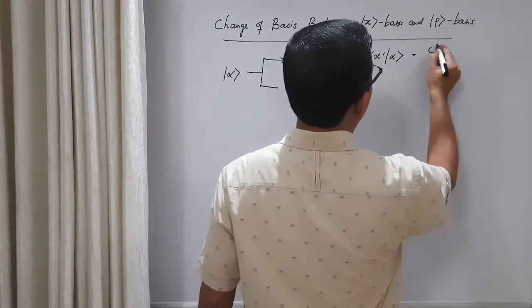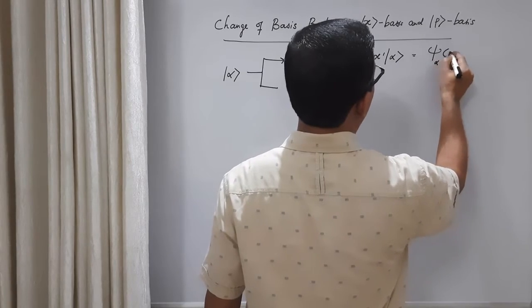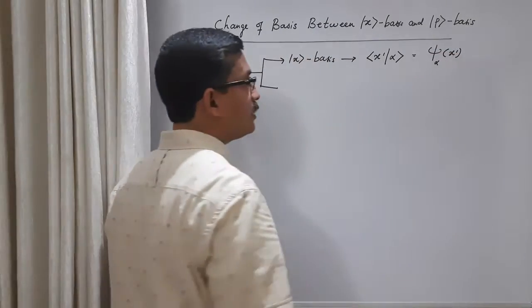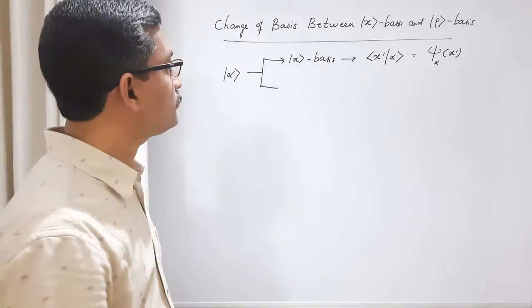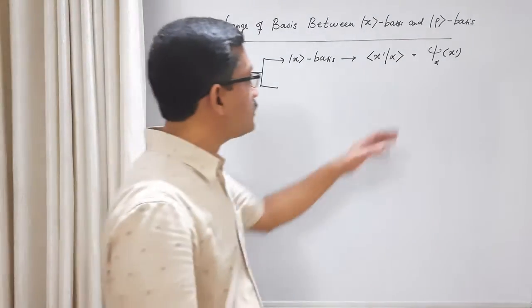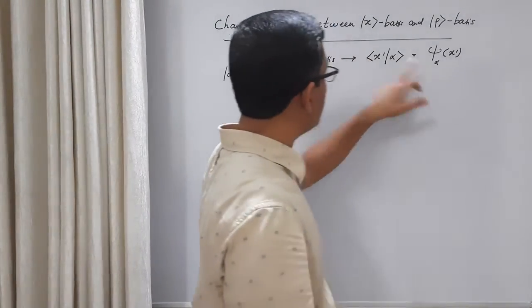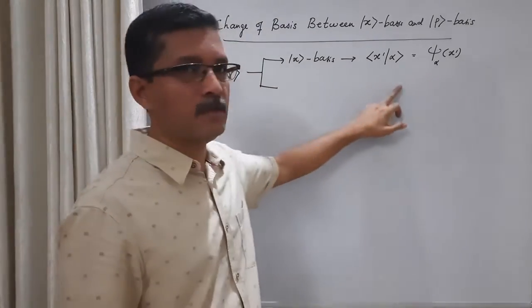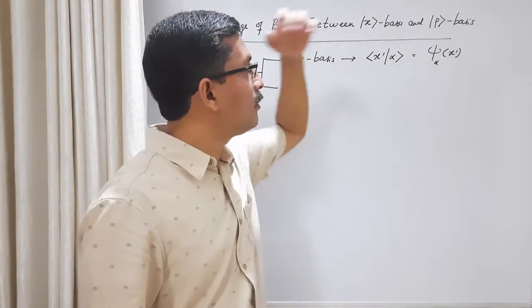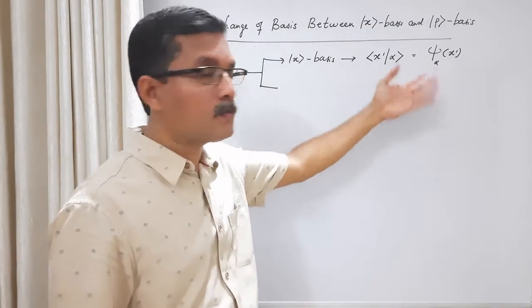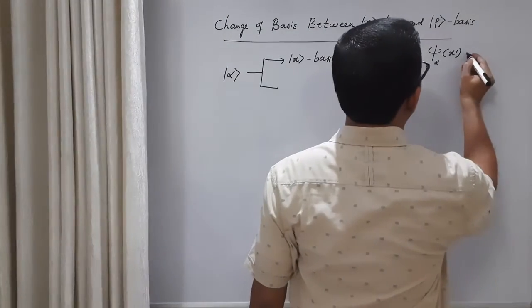This we call the wave function psi alpha of x prime, the wave function in position space. This we can call the representation of this ket alpha in position basis, or this we call the coordinate representation or position representation.